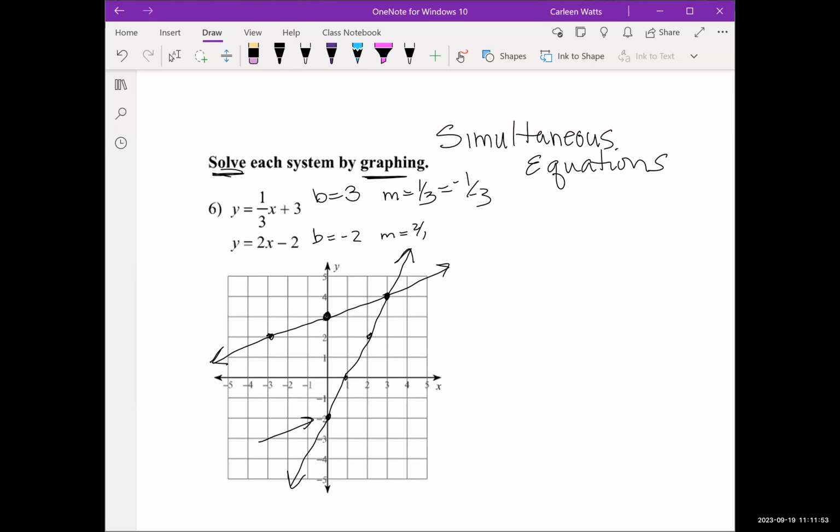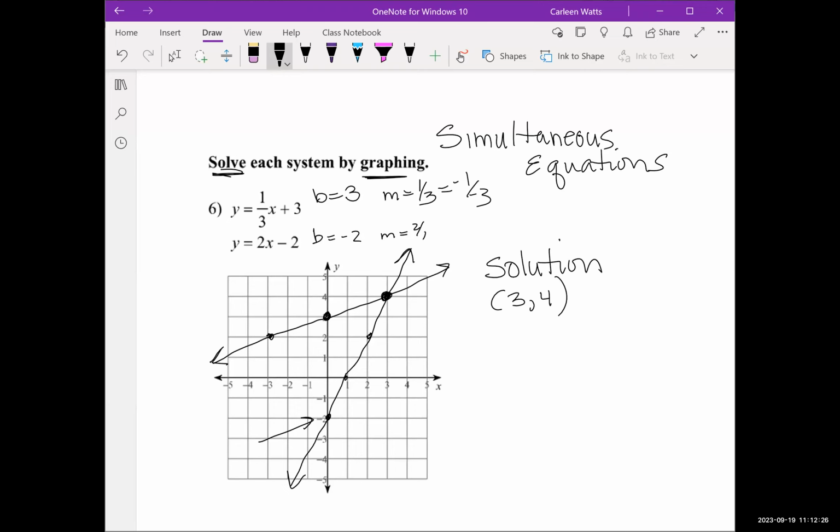All right. So now we want the solution. We want to solve. Okay. The solution is where they meet. So they are at the same place at the same time. So the solution is 3, 4. Oh, okay.